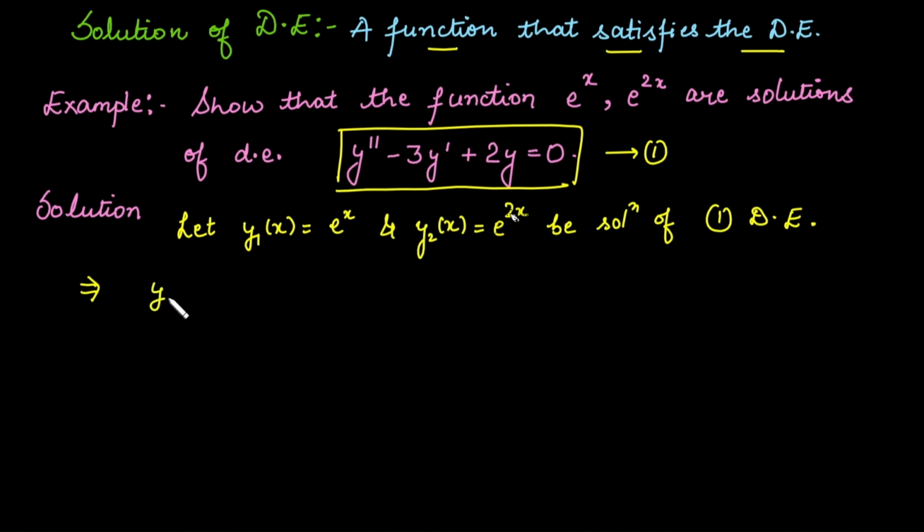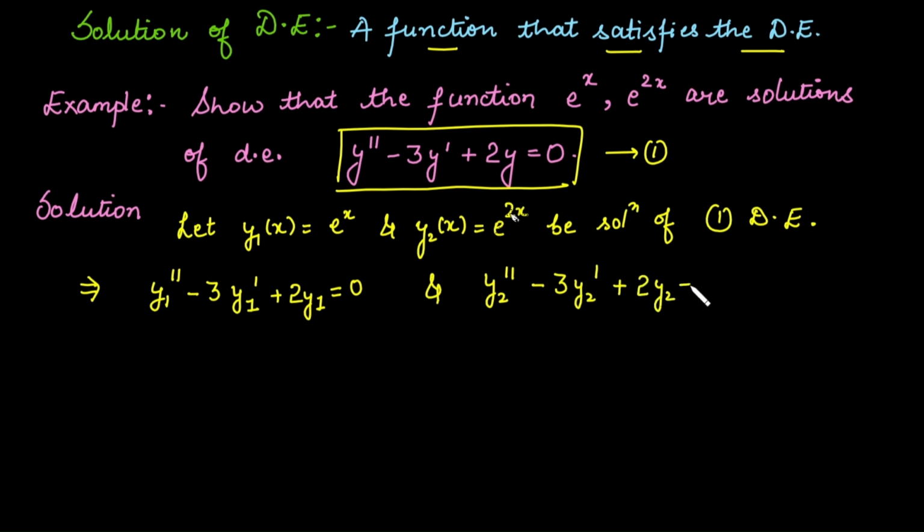So first we have y1 second order derivative minus 3 times the first order derivative of y1 plus 2 times y1, that must be equal to 0, and the same for y2, that is y2 second order derivative minus 3 times y2 first derivative plus 2 times y2, that must be equal to 0 if they are solutions of this differential equation.